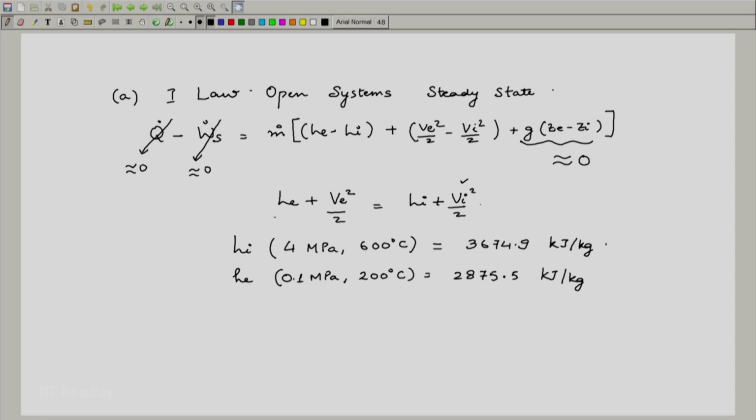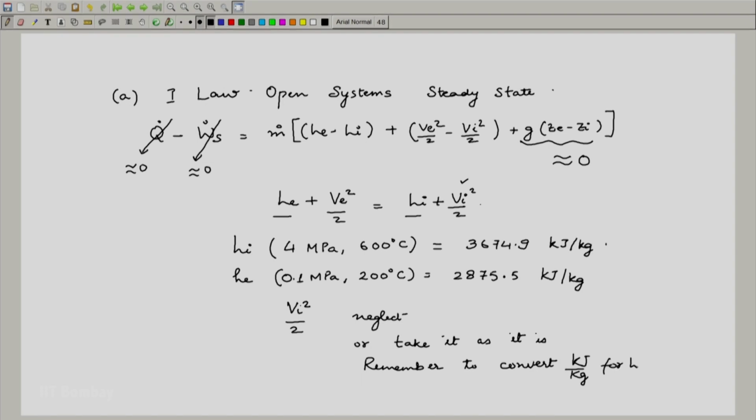So, you realize that you have this quantity and this quantity, the H. Vi squared by 2 you could as well neglect or take it as it is, and you should remember to convert kilojoule per kg for H into joule per kg.